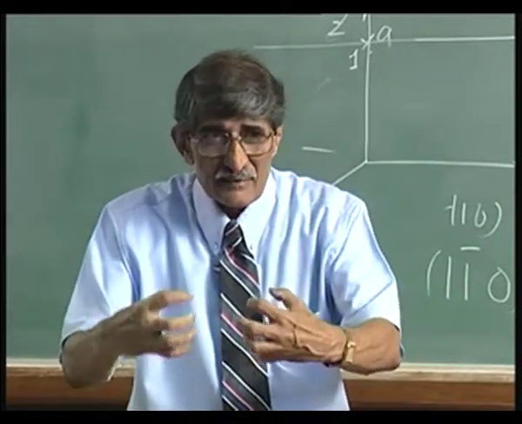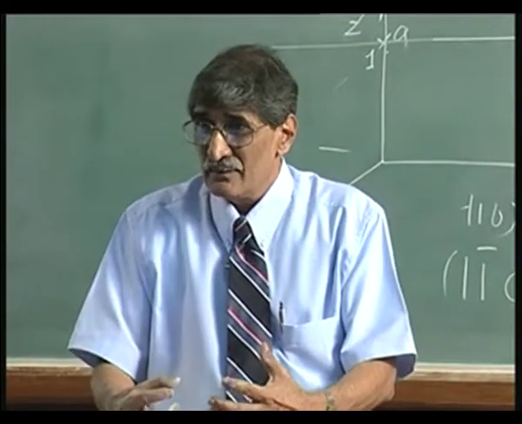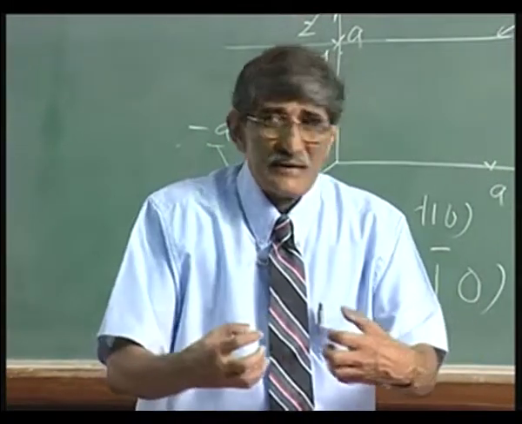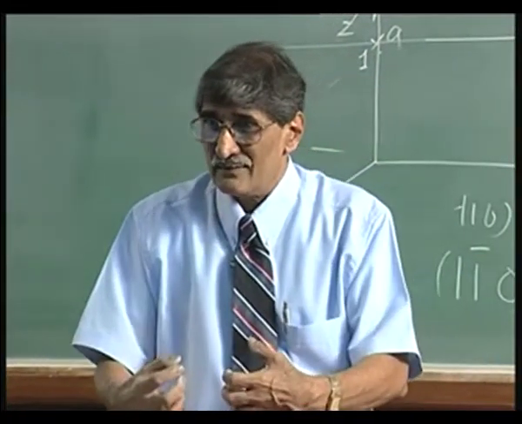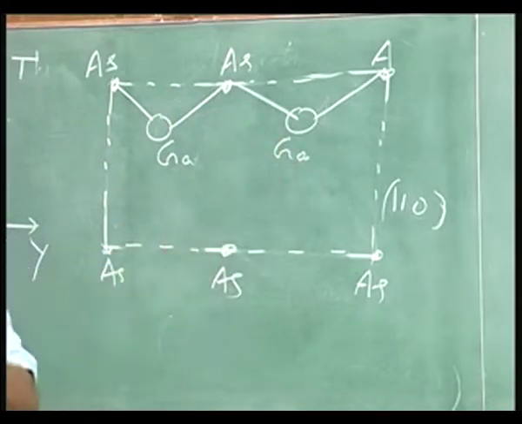So, the bonding between the 2 atoms is not merely covalent bond, it is also ionic bonding. There is a slight force of attraction between them, plus and minus charge. And if you take this whole plane, it is neutral. There may be charge sharing between them.